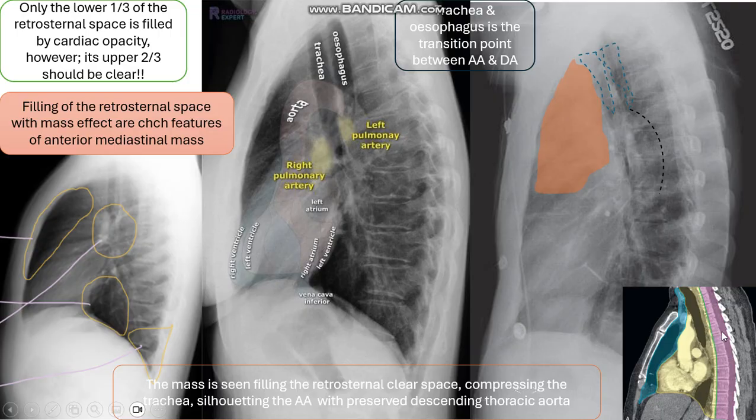That's why the posterior mediastinal masses obscure the descending thoracic aorta, and the middle mediastinal masses obscure the vessels that are coming from the main pulmonary artery. So the middle mediastinal masses obscure the hilar vascularity. The anterior mediastinal masses obscure the aortic arch.